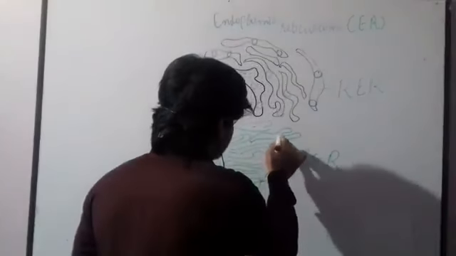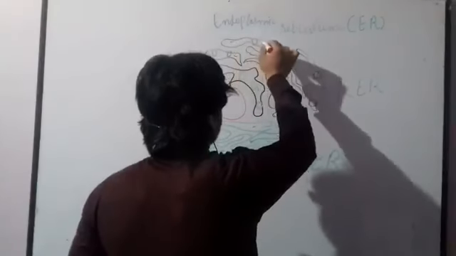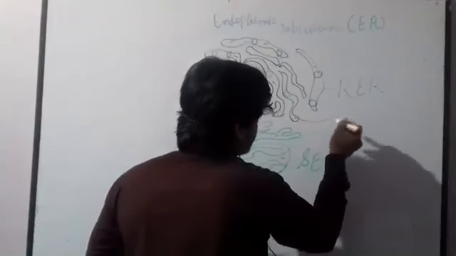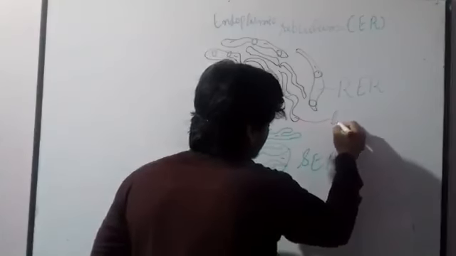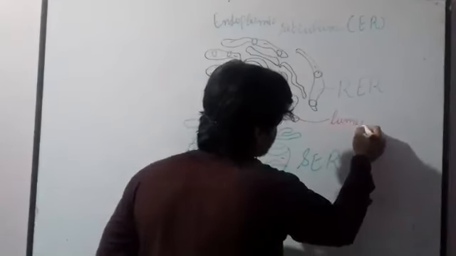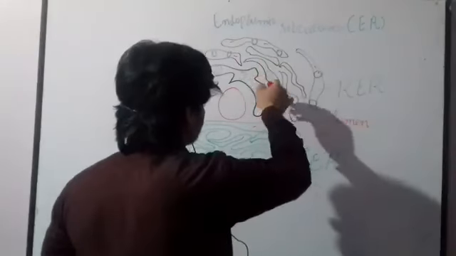Now the space as you are watching, this one space, the space in the sac-like structure, or we can say the space in the flattened body of the endoplasmic reticulum, we call this space the lumen. And these are the flattened sac-like structures as you are watching.